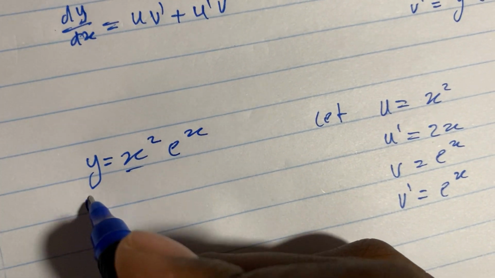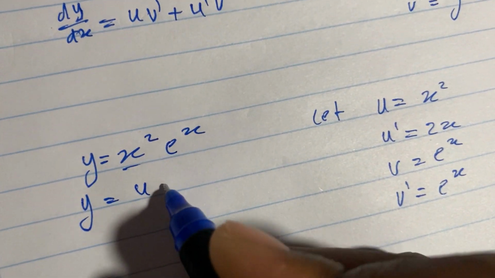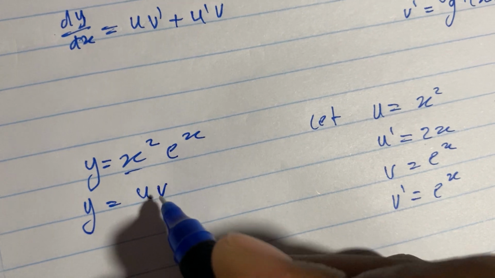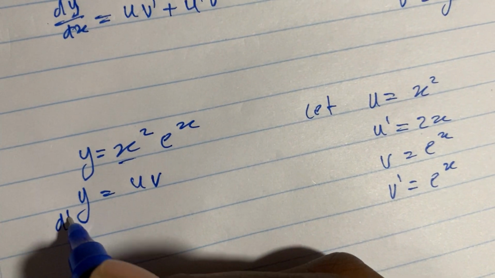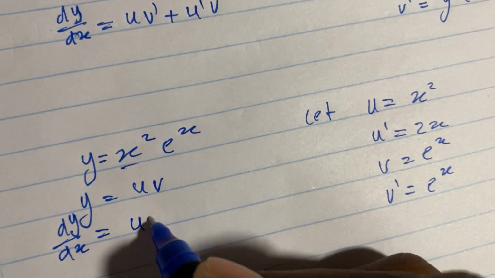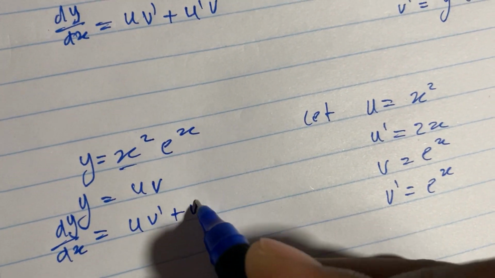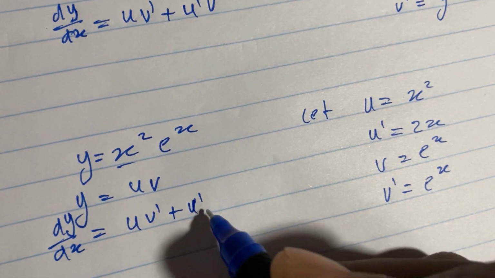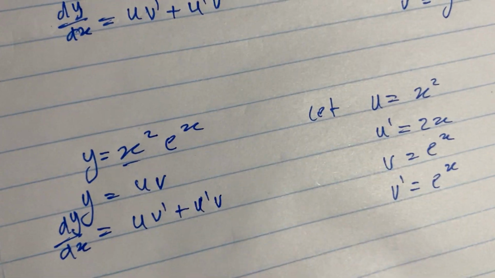Okay, so now let's write our new equation. Our gradient function, or our first derivative, will be given by u v prime plus u prime v.